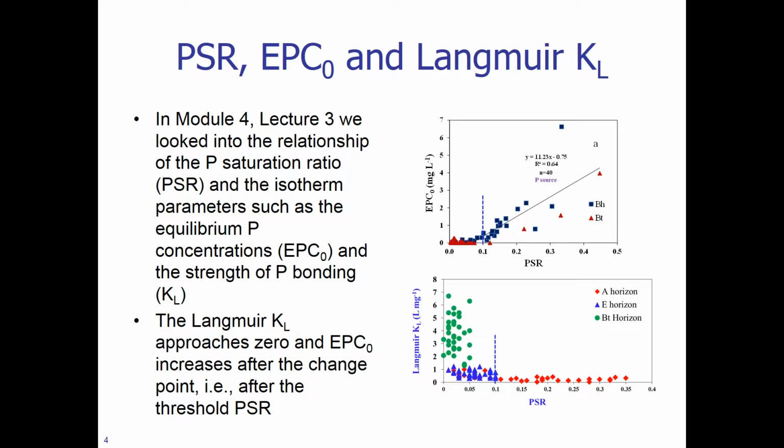What we noted is the Langmuir KL approaches 0 and EPC0 increases after the change point, that is, after the threshold PSR, which we know is defined as 0.1. This particular relationship is also applicable to the Freundlich KF.